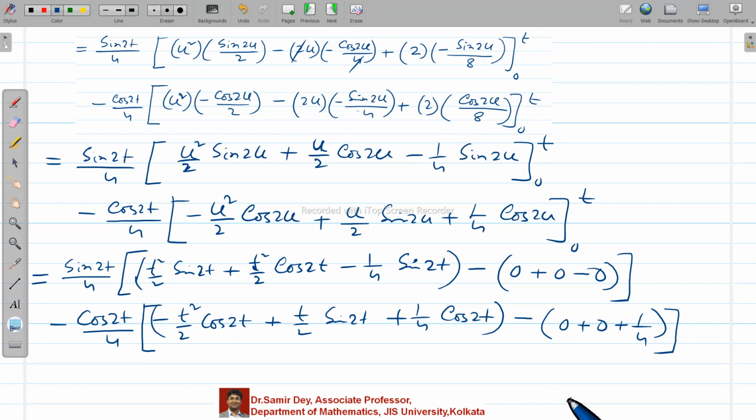Is it clear? Very simple. First you have to use your simple by parts process. Then you open your bracket, just one by one open your bracket. So after opening your bracket, you substitute your upper limit minus lower limit, mean upper limit full minus lower limit full.